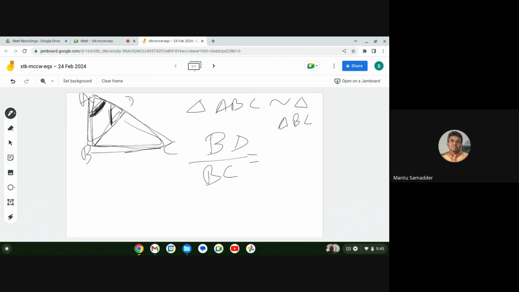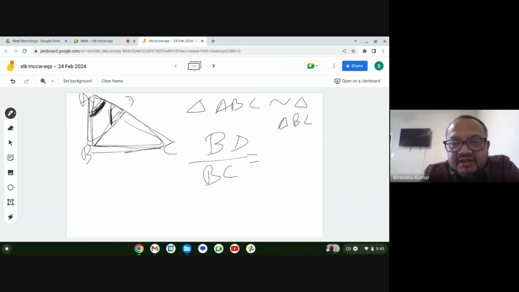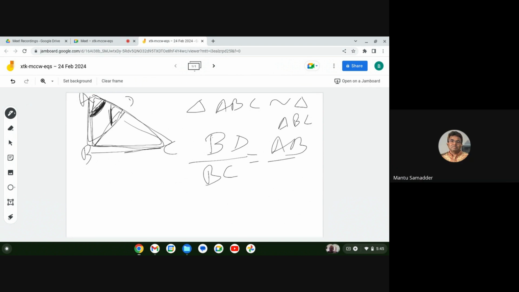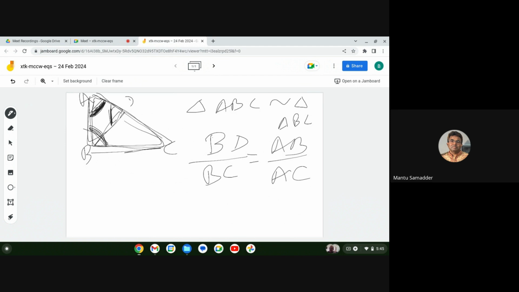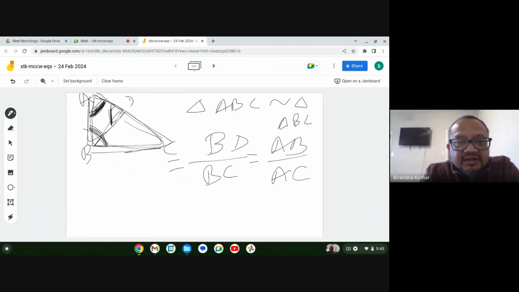In the smaller triangle, what is the side? AB. Look at the bigger triangle. What is the side opposite to this one? It is AC. And the third one is this small angle here in the small triangle. What is the side opposite to that one?